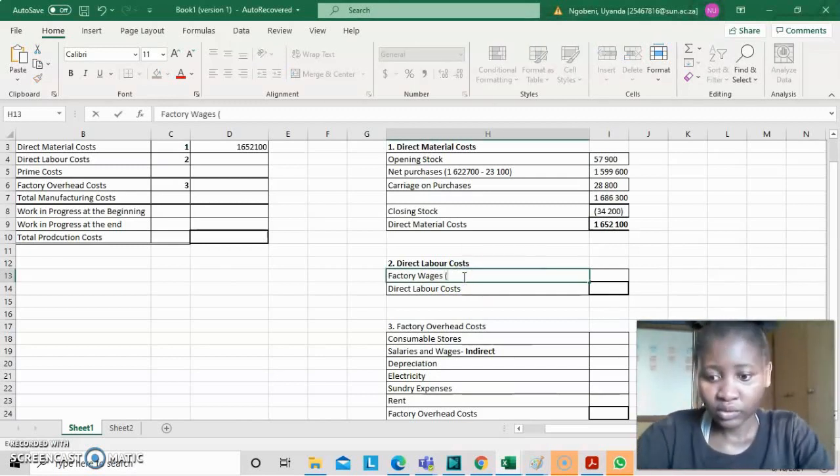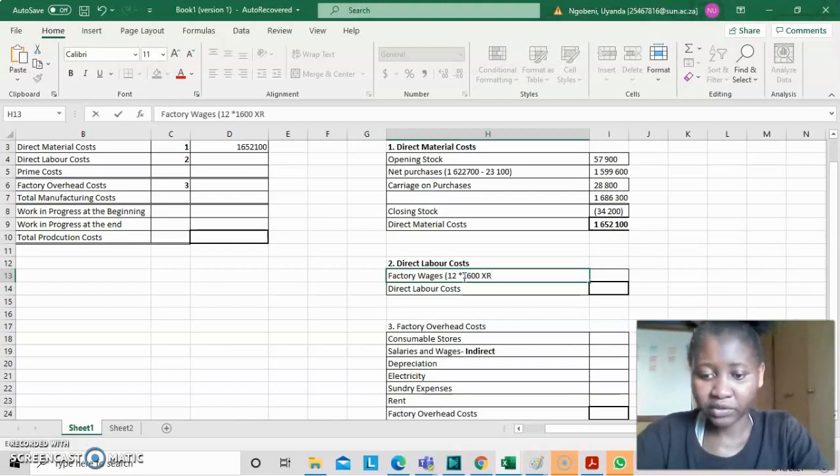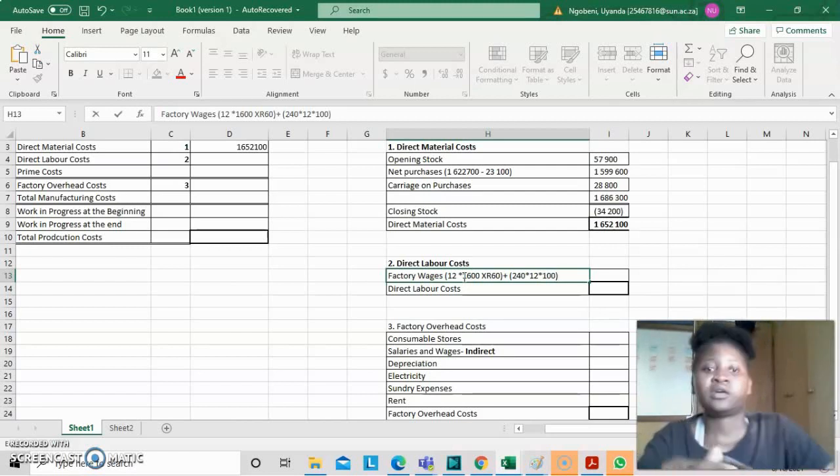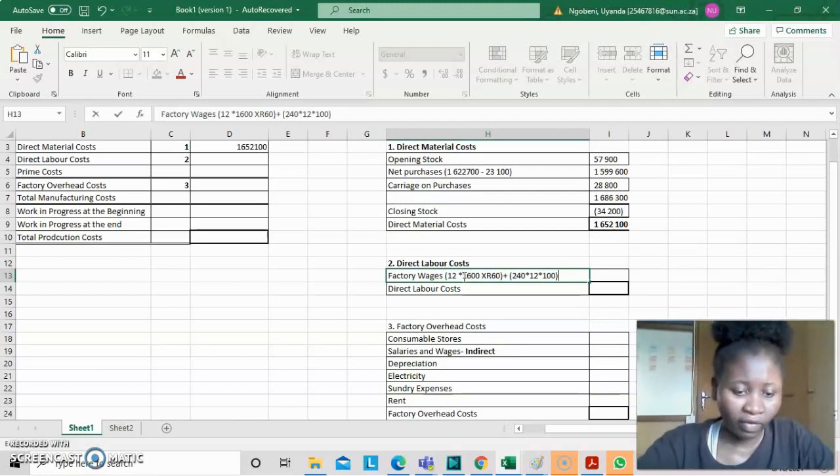So 12 times 1,600 times 60 rand per hour, and then plus 240 times 12 times 100 rand. This is overtime, don't forget, 240 hours times 100.